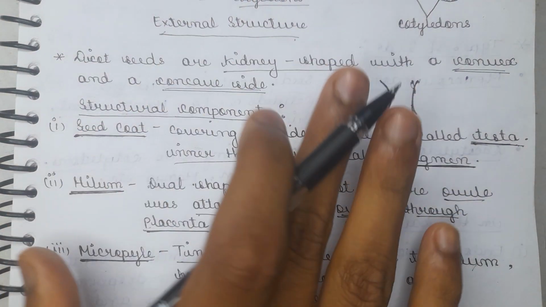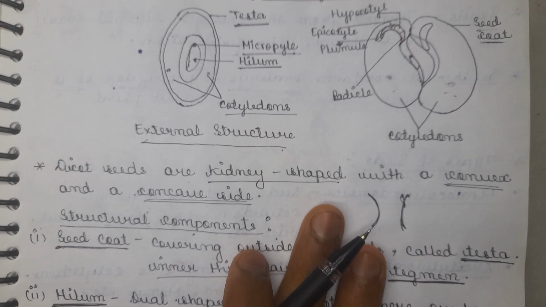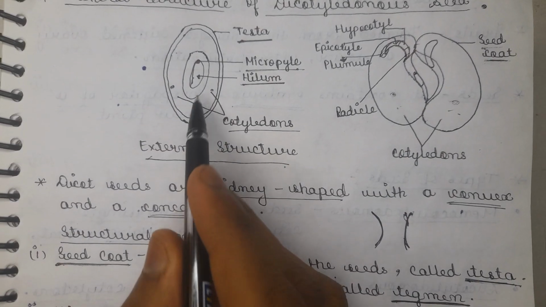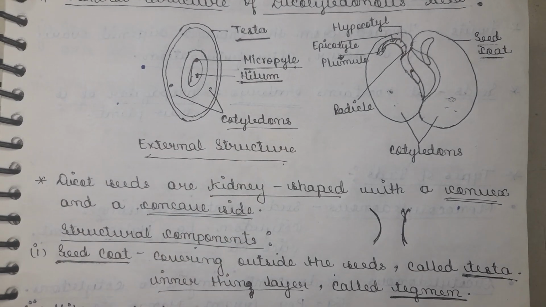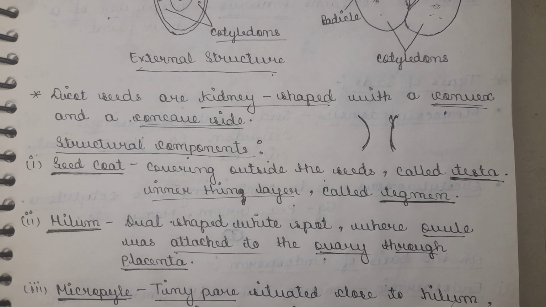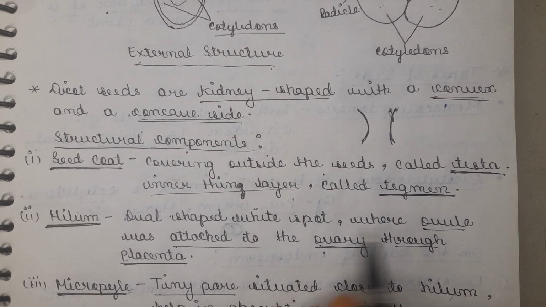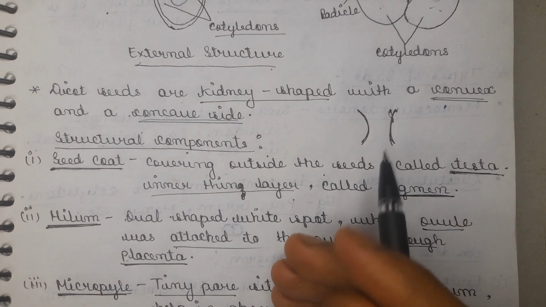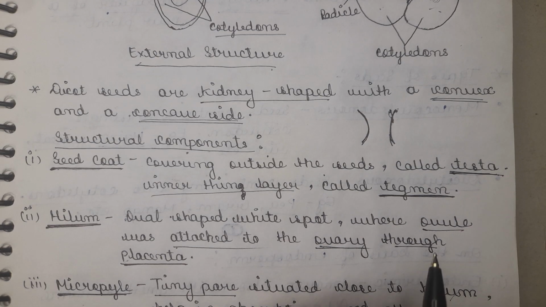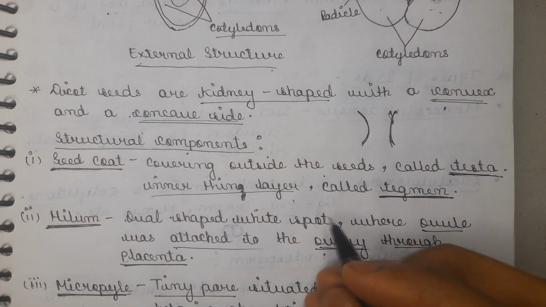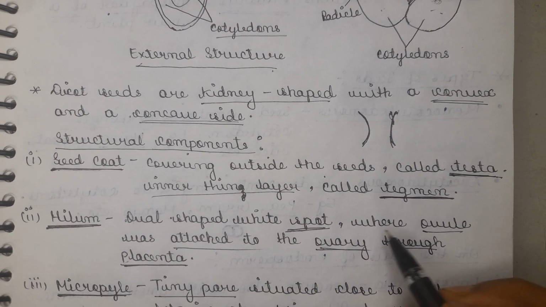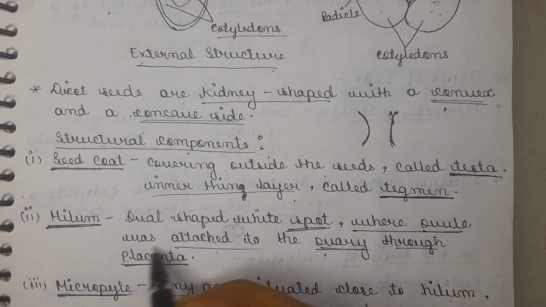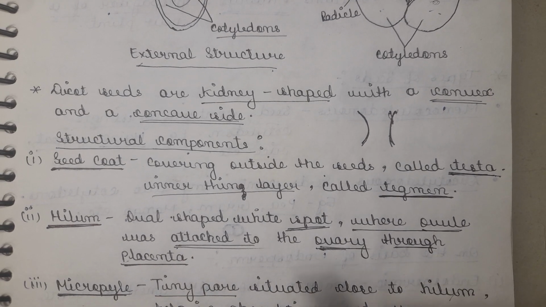Now the second structure is the hilum. As I have already shown in the diagram, that is the central region of a bean seed. This is the hilum. Now this hilum is basically an oval, light shaded scar representing the white spot where ovules were attached to the ovary through the placenta.